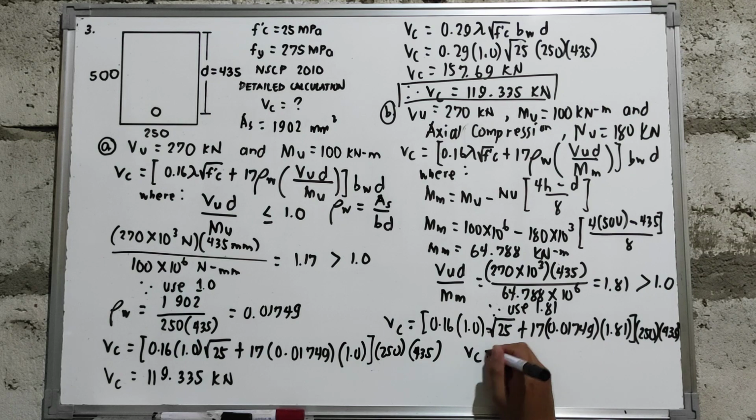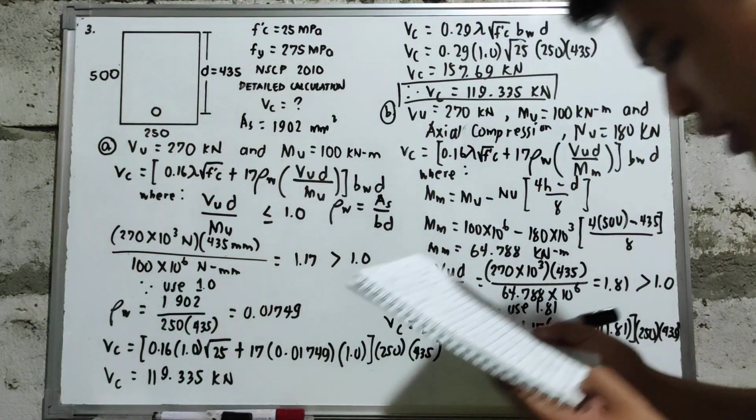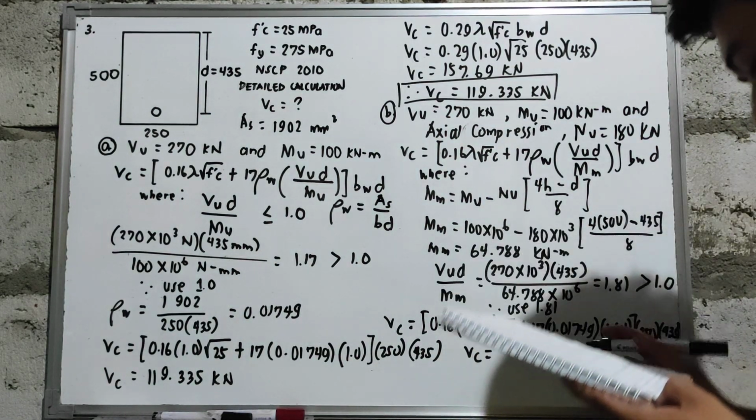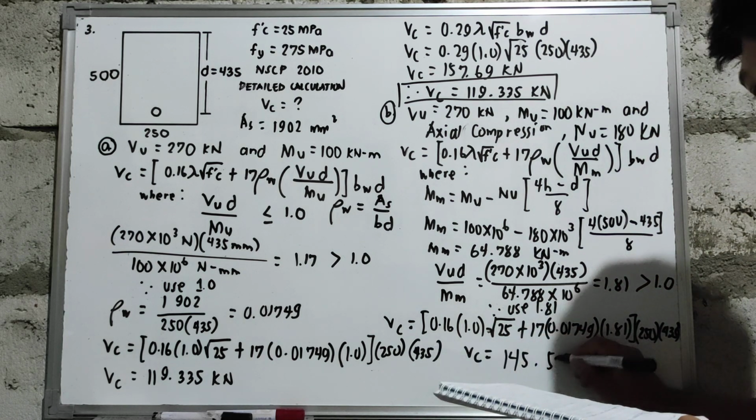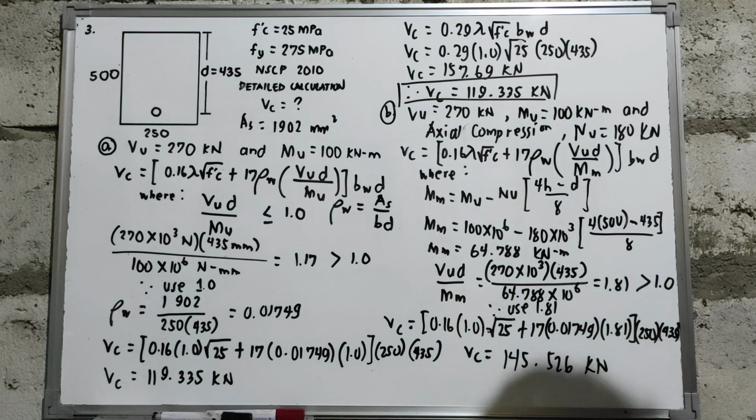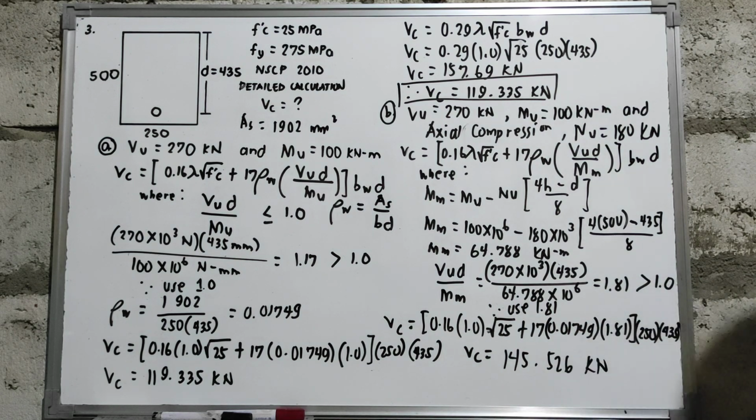So you have a value of your VC which is equal to 145.526 kilonewton.